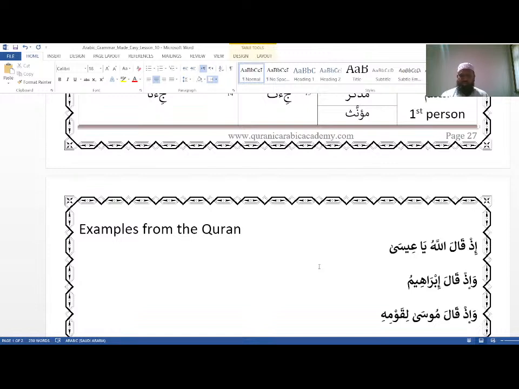Although the ism Musa doesn't have a dhamma, from the context we know it is the fa'il. Qawm means people, and the damir ha, his people. When Musa said to his people.